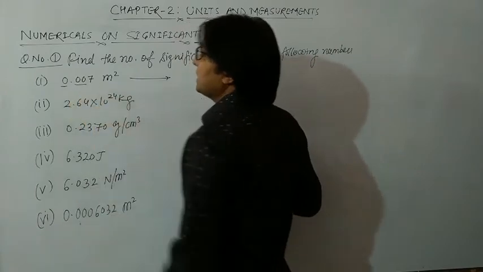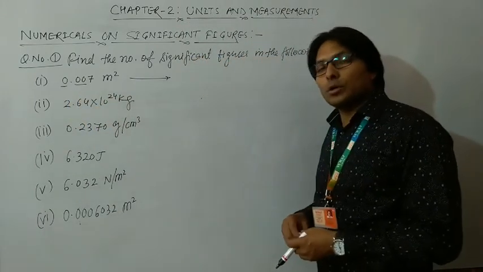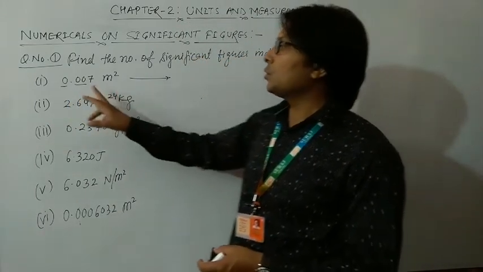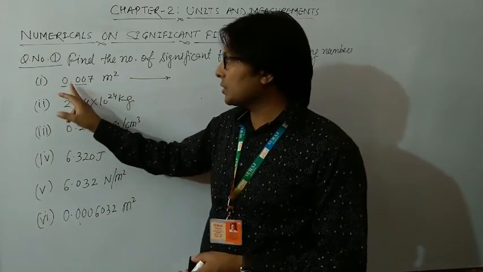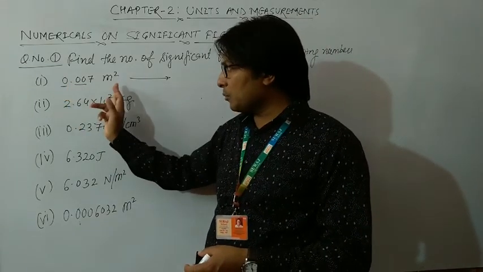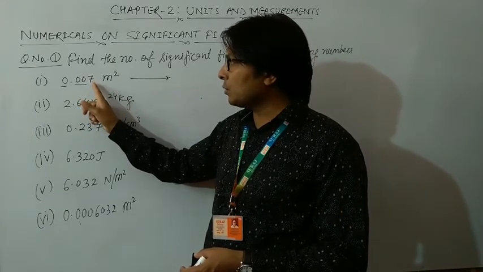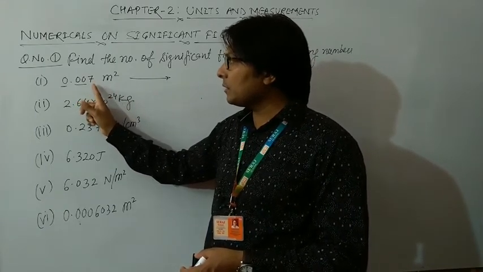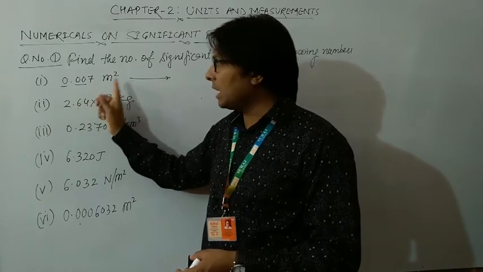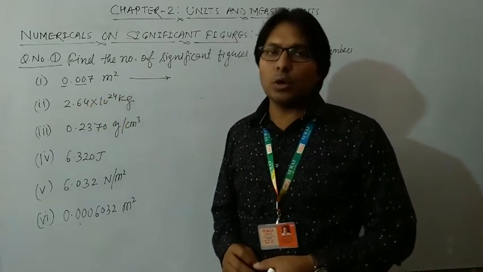You will say these zeros are also not significant, because those zeros which are to the right side of this decimal point but before the very first non-zero digit, or left side of the very first non-zero digit, are considered to be non-significant.